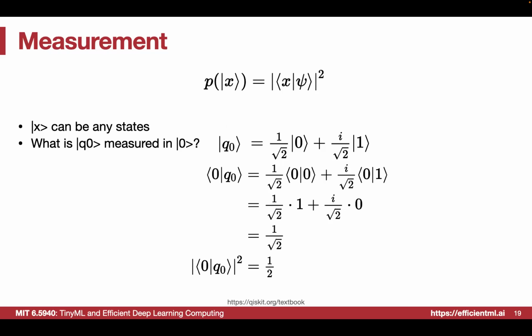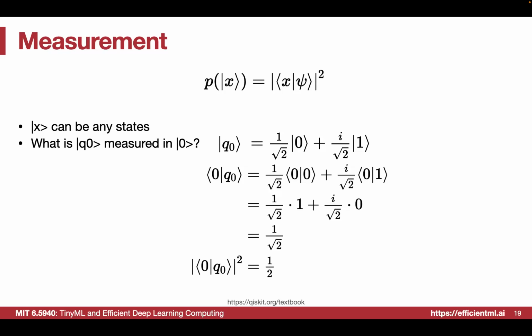Here comes a little bit of math. Basically, x can be any of the states. If we measure this qubit, what is the probability that we get a 0, and what is the probability to get a 1? That's similar to stopping the coin and asking what frequency we get tails up or heads up.